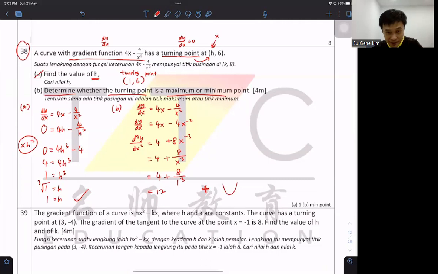Positive means very happy, smiley face. So it is a minimum point. So conclusion, minimum point. Understand? So to determine maximum or minimum, you need to use d squared y over dx squared.